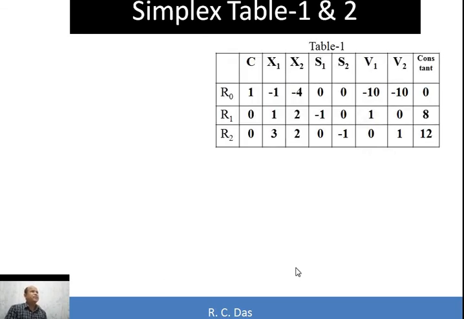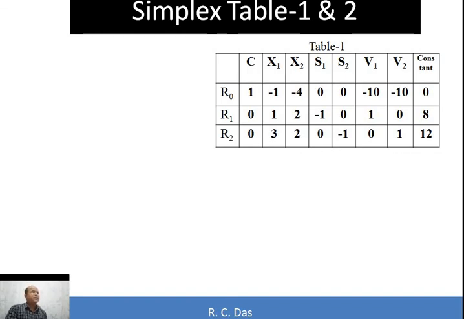Okay, so this is table number 1. Since table number 1 has no initial basic feasible solution, we have to convert it into another table so that we get an initial basic feasible solution.